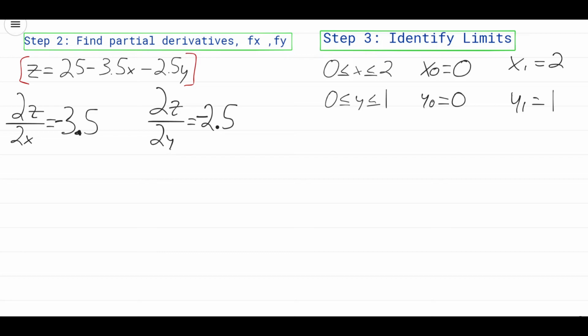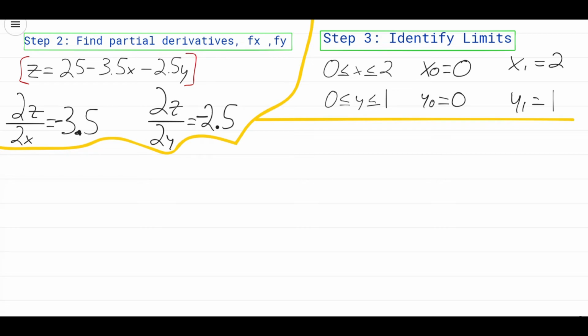It didn't explicitly tell us what was x and what was y, so we assume the first one is x and the second one is y. There's no need to assume otherwise unless otherwise stated. So our x naught is 0, y naught is 0, our x1 is 2, our upper y bound is 1. So now, without further ado, we're going to set up the integral, the surface integral for step 4.